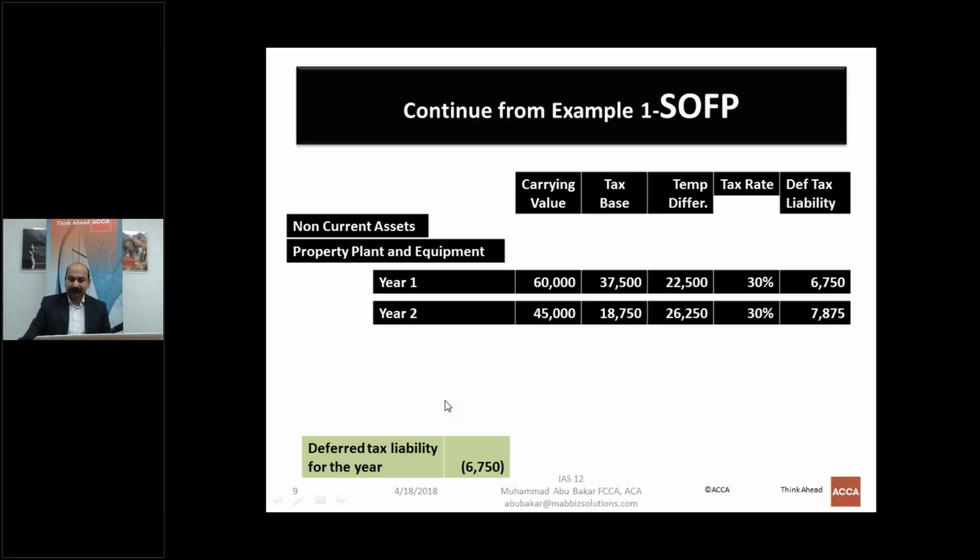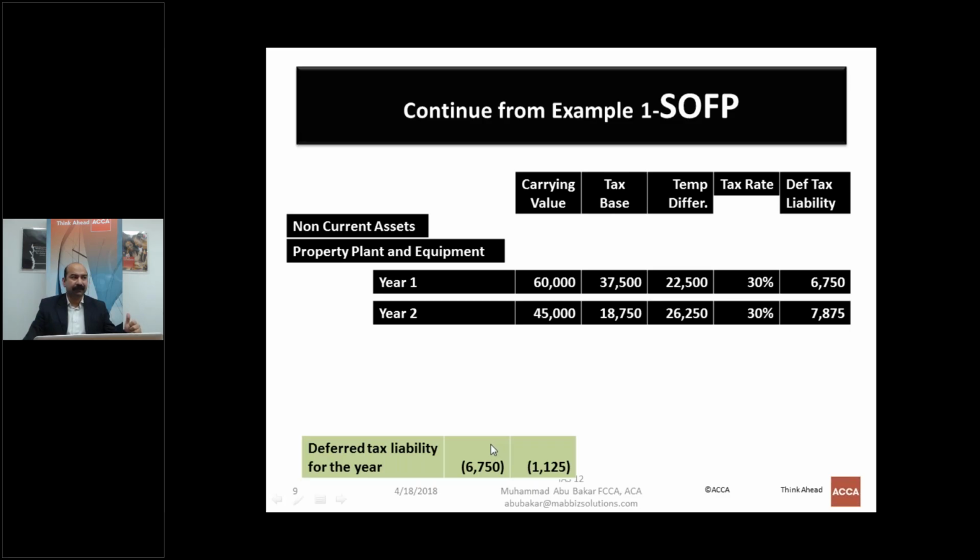But this figure is different from the figure appearing in the income statement. In the income statement, the amount appearing was 1,125. We know from our earlier study, when we calculate deferred tax from the statement of financial position, this will provide you the closing balance of the deferred tax.